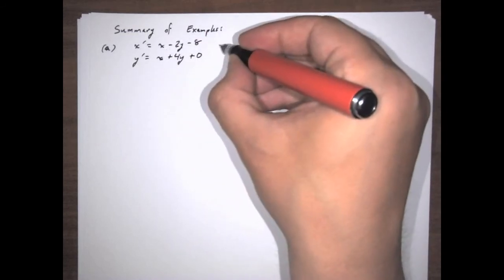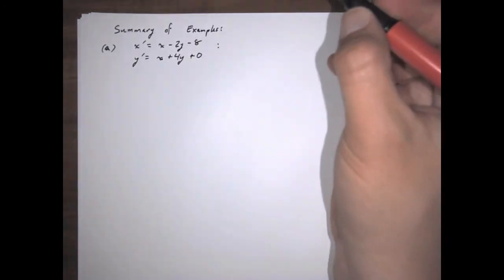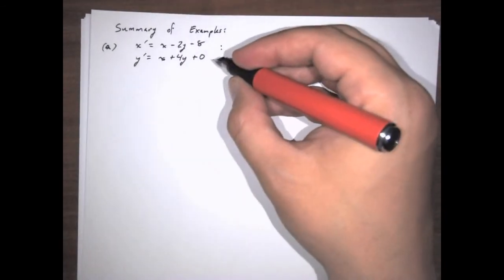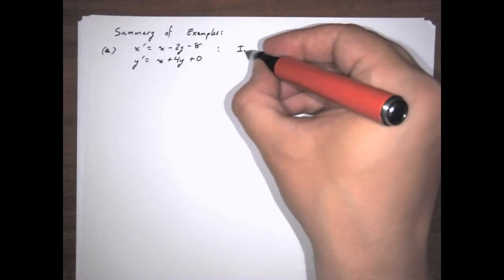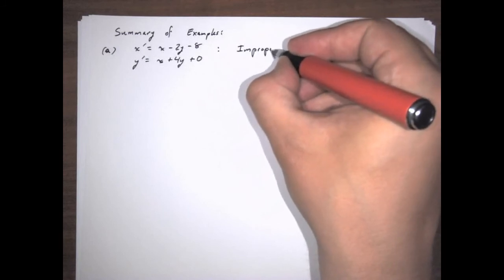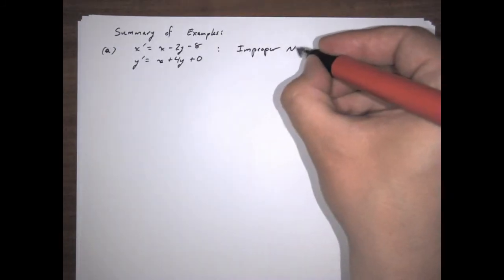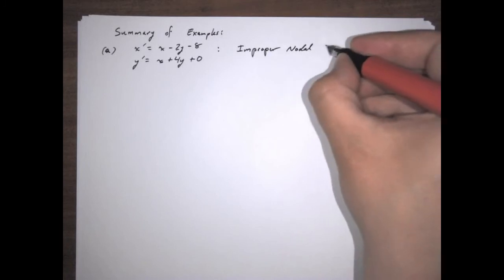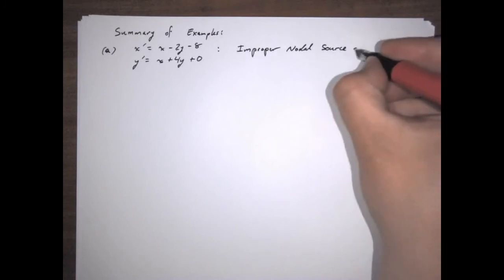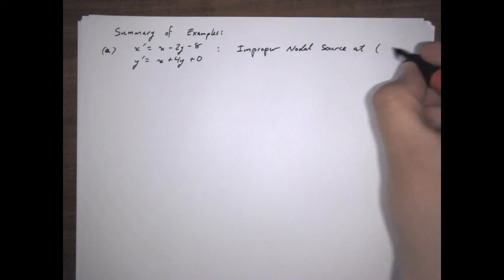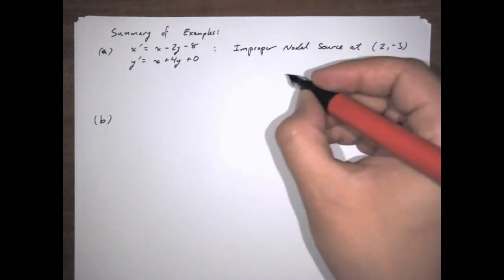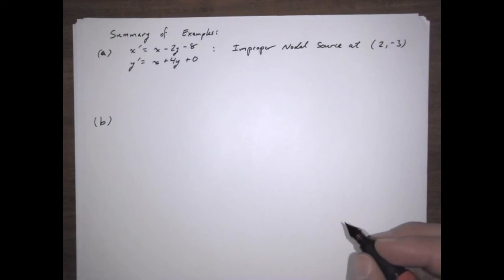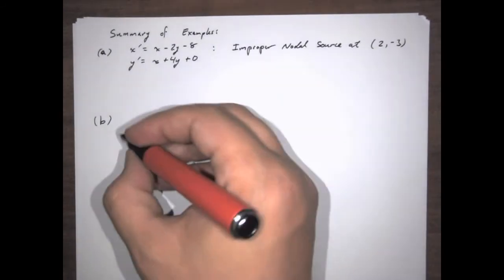So this one, we discovered, had an improper nodal source at 2, negative 3. And leave some space here. We'll check whether it is confirmed or not on Bluffton.